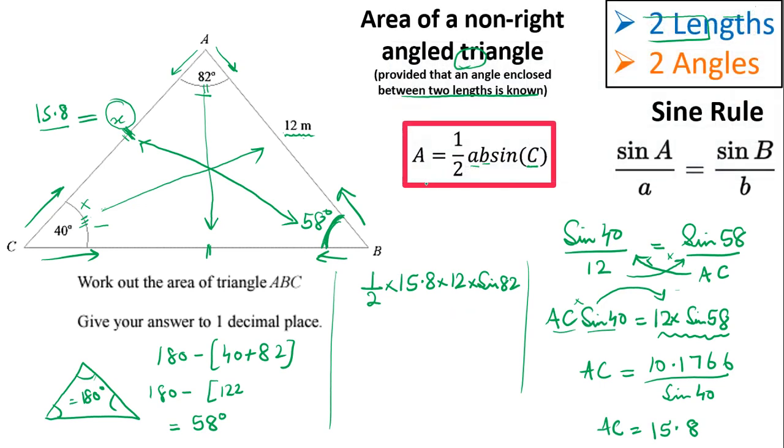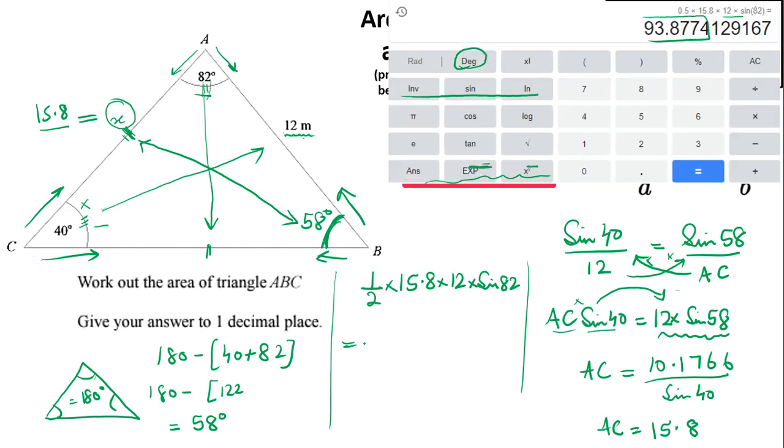Again, just make sure half AB sine C. A and B are the lengths that are enclosed between the angle that you're taking, or perhaps the angle is supposed to be enclosed between the two lengths, between any two lengths, whichever angle you're taking. The two lengths corresponding to that should be known to you. So I have a 15.8, I have a 12, and I have my sine C, that is 82. So I'm just going to write all of that down.